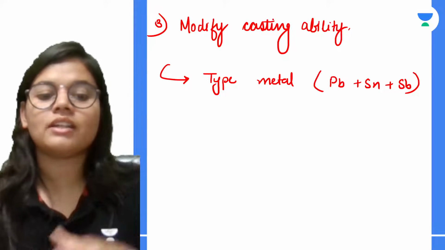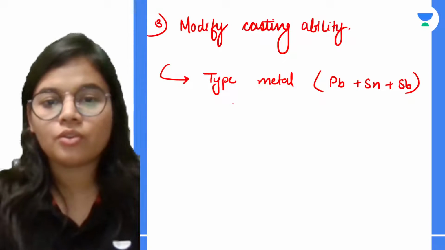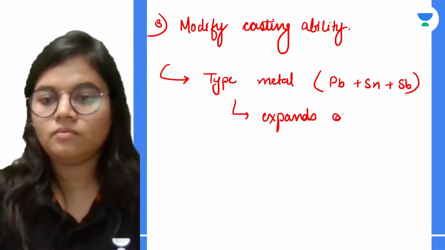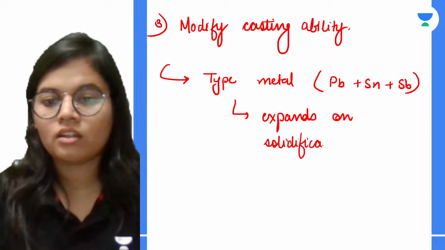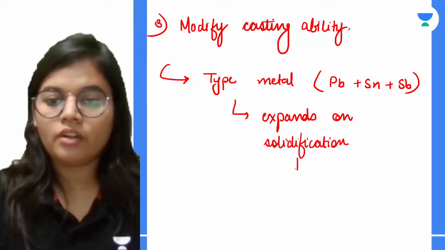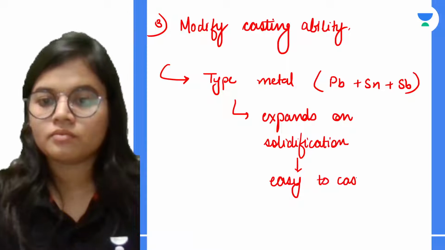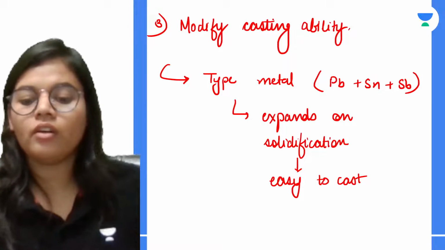And that is why it is very easy for us to cast using type metal. So it expands on solidification, and therefore it is easy to cast. This is one of the reasons for alloying.